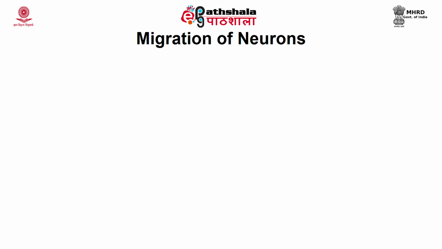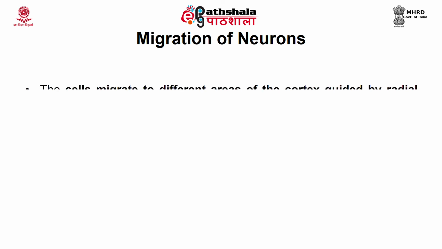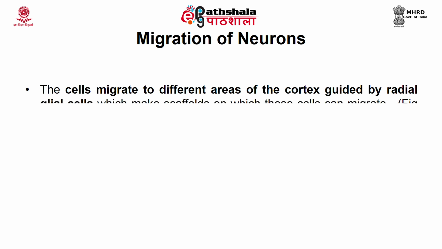Besides this, the neurons have also to migrate to different areas of the cortex. And interestingly, that is done when they are guided by the radial glial cells, which make the scaffolds on which the cells migrate.